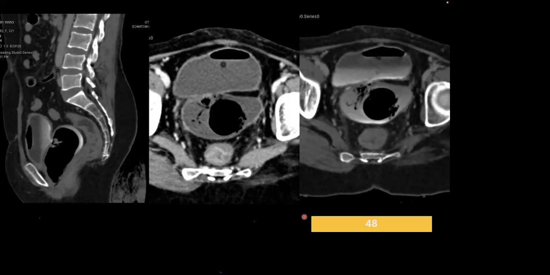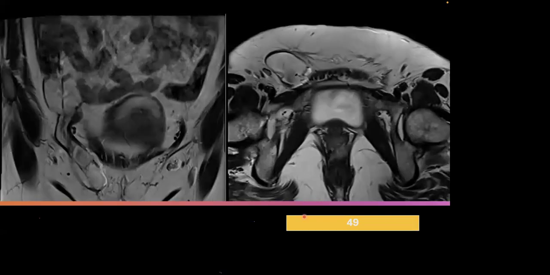Tamil Selvan, you also got it correct. Samsung, right. Apurva, right. 49. Think about it.